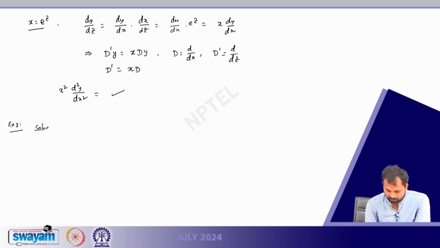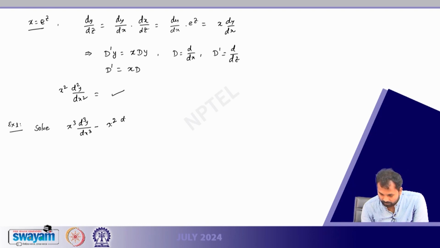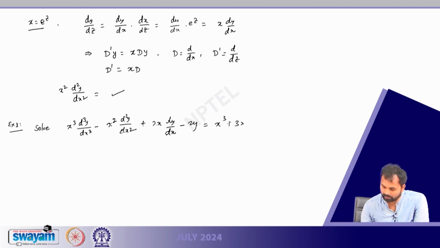Solve x cubed d3y/dx cubed minus x squared d2y/dx squared plus 2x dy/dx minus 2y equals x cubed plus 3x. This we have to solve.